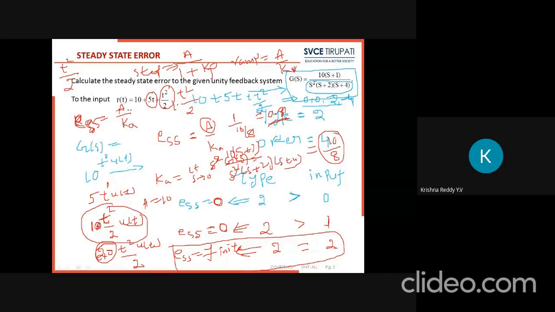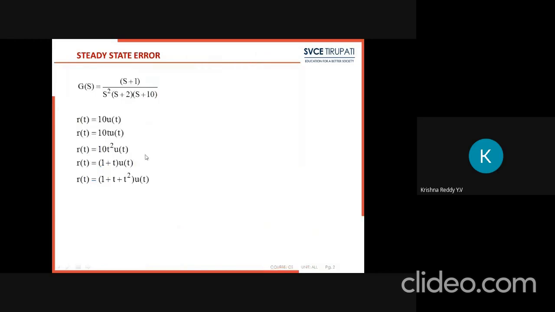When you are given this input to this system, we are getting the steady state error value as 0.8. Similarly, you can solve these problems. For this given system, this is a type 2 system.